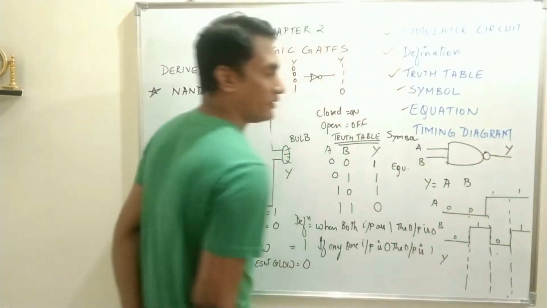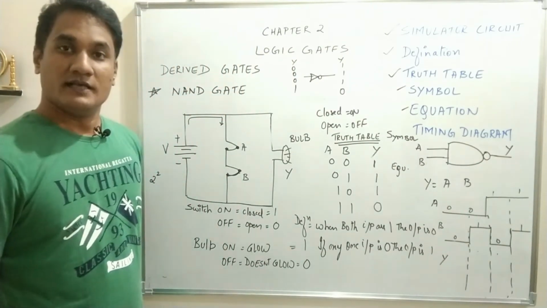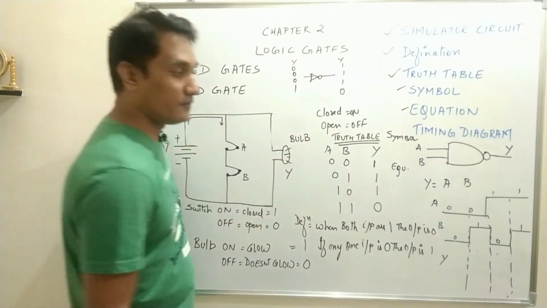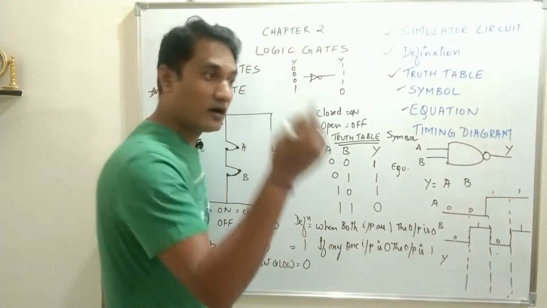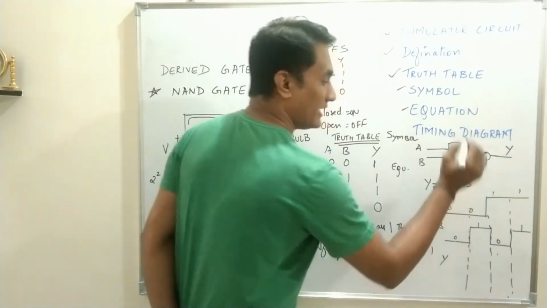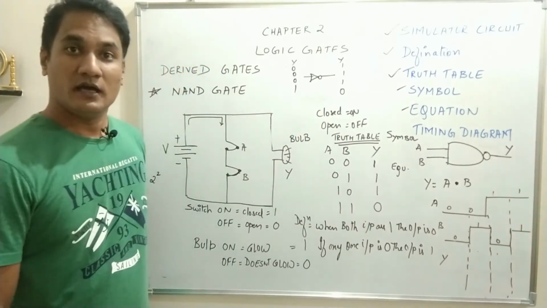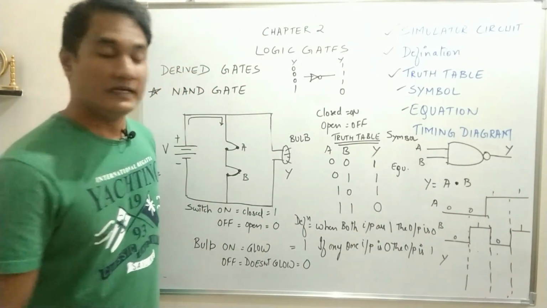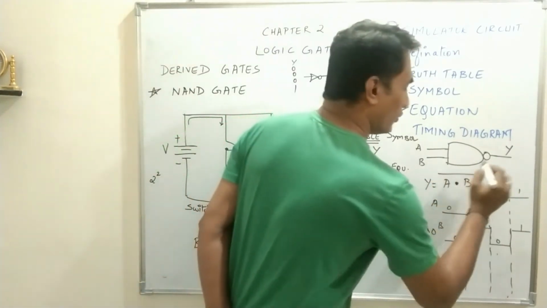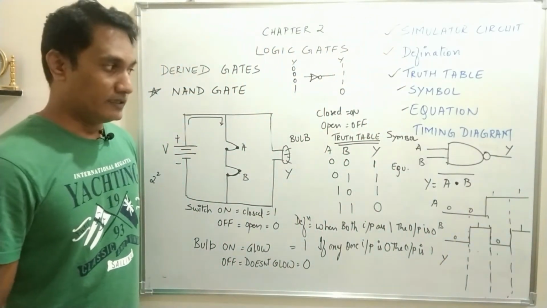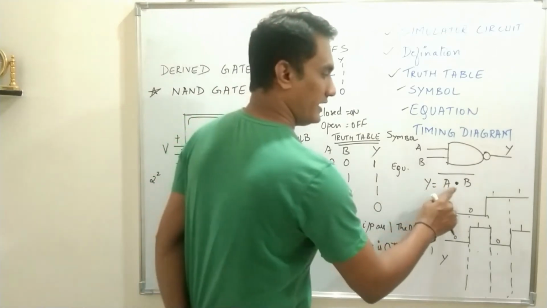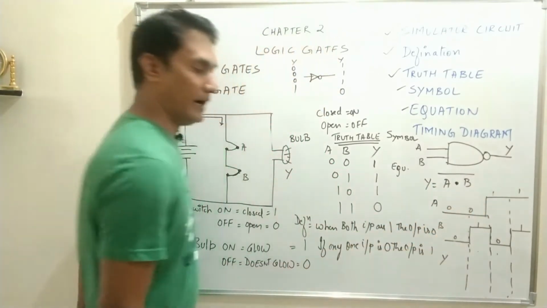Similarly, the equation will be Y is equal to AND followed by NOT. So the symbolic representation of AND will be A dot B, and for the NOT operation we draw a bar over it, a complement over the variables. So it will be A dot B whole bar.